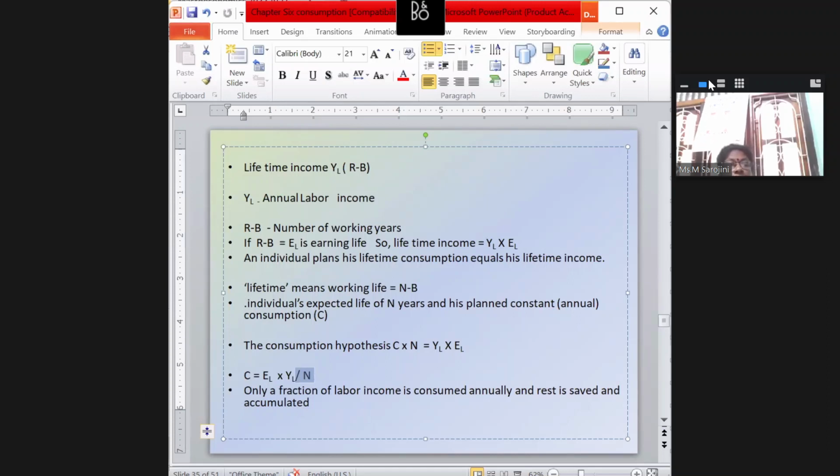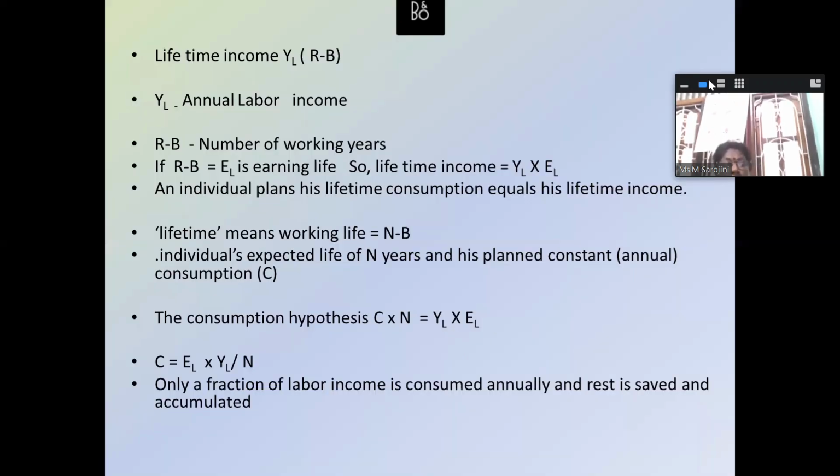Right. Now you can simply understand. Just rearrange this equation: C into N is equal to YL into EL. From this one, you can get the consumption. Here again, only a fraction of labor income is consumed annually and the rest is saved and accumulated.